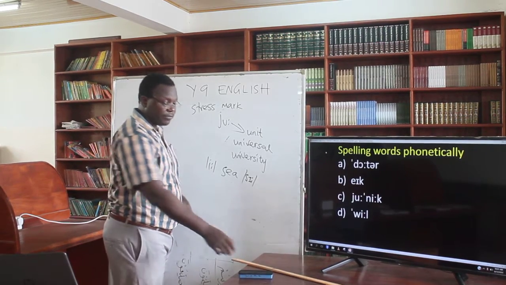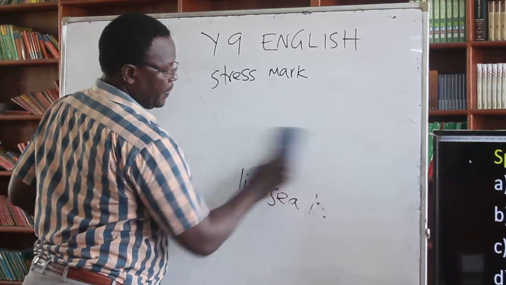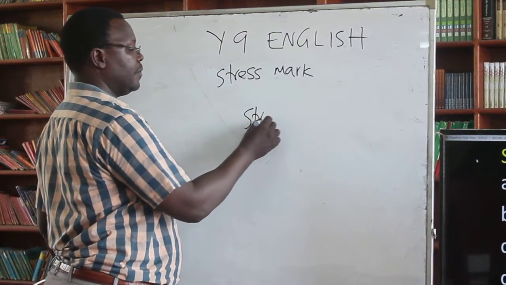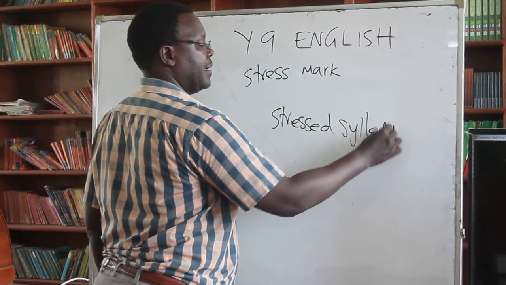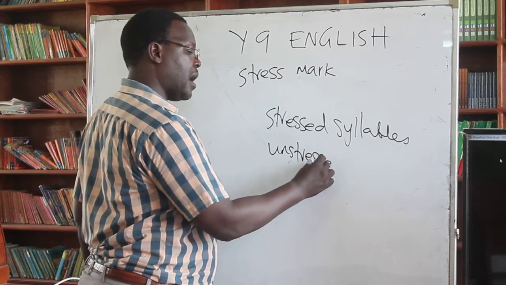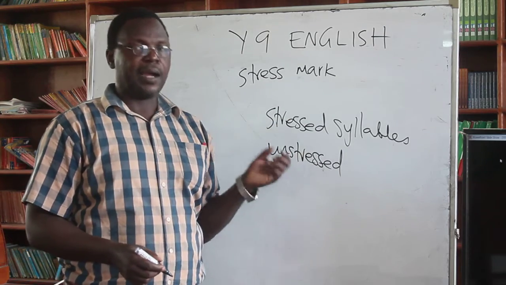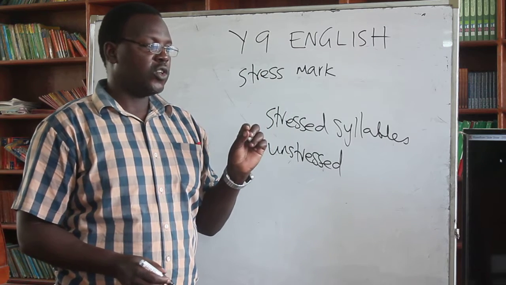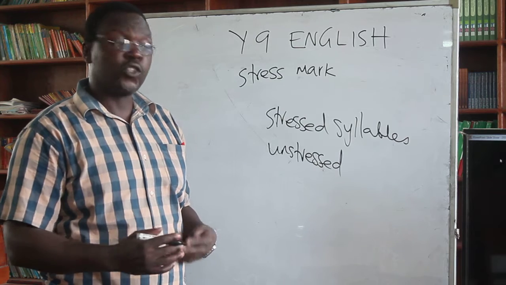In English, we have stressed and unstressed syllables. So where we have a mark, that is door. The rest of the word is not given that force.